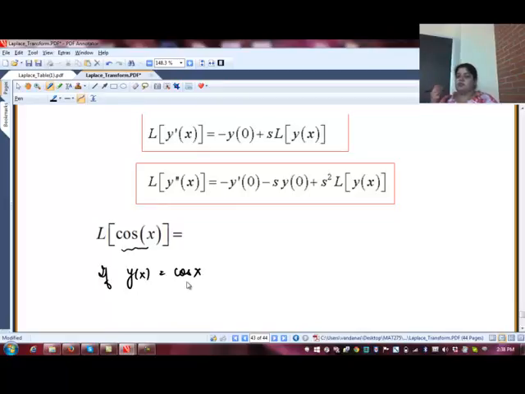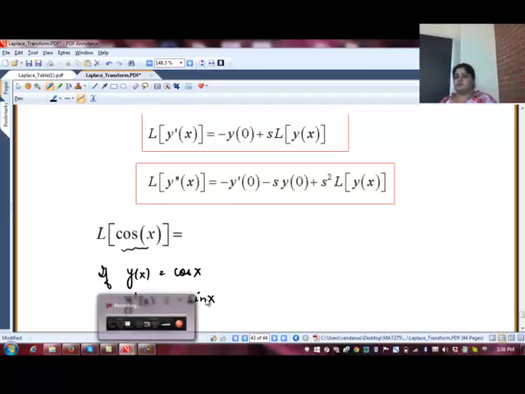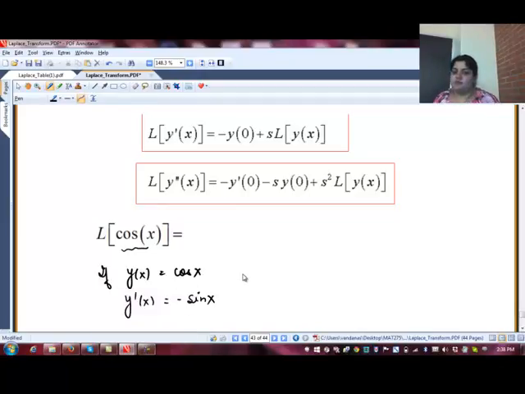So a differential equation whose solution is cosine x. Okay, then what? Oh, you are saying this is a differential equation whose solution is cosine x?